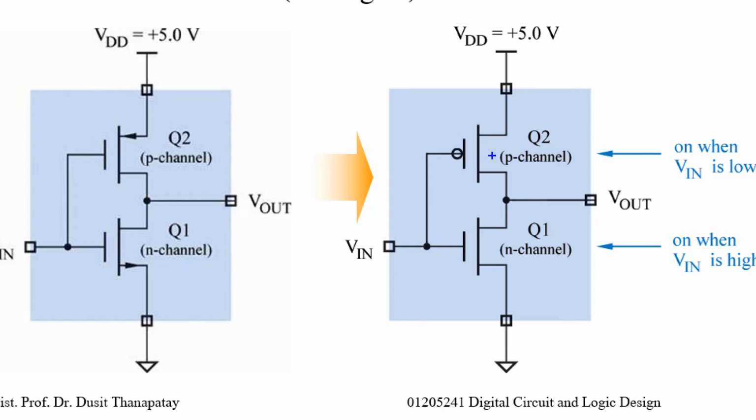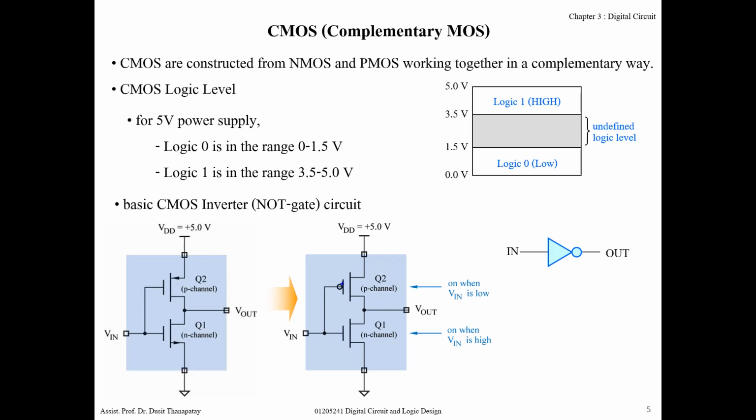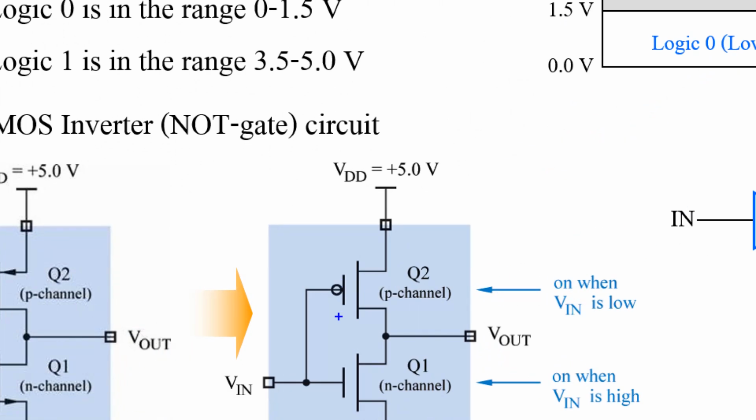Okay, the circle actually acts as negative, a negative control. That means if you want this transistor to turn on, you must apply 0 volt or logic low at this terminal. Okay, then the P channel will be produced here.